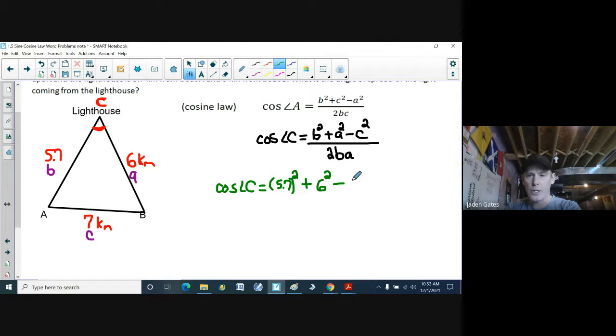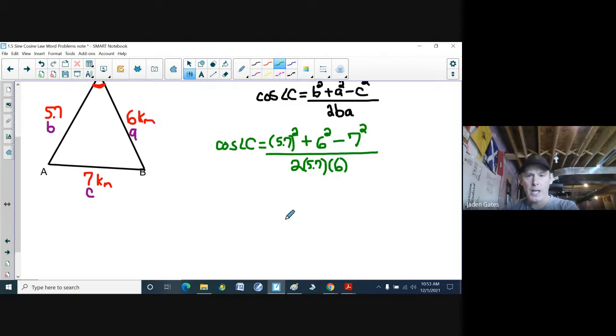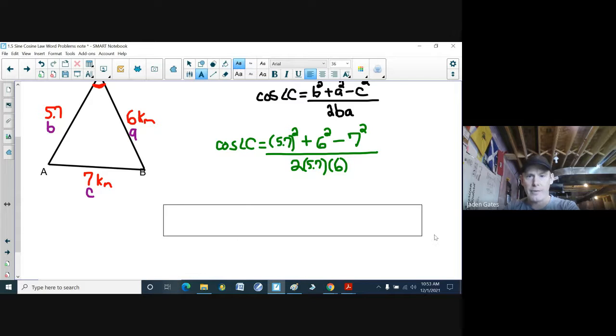Minus C squared, which is going to be a 7 squared then. And then down the bottom here, we got 2 times B, which is that 5.7, and then times my A, which is 6. All right. So for this formula, I got to simplify the top, simplify the bottom. And then I can figure out what we got here.